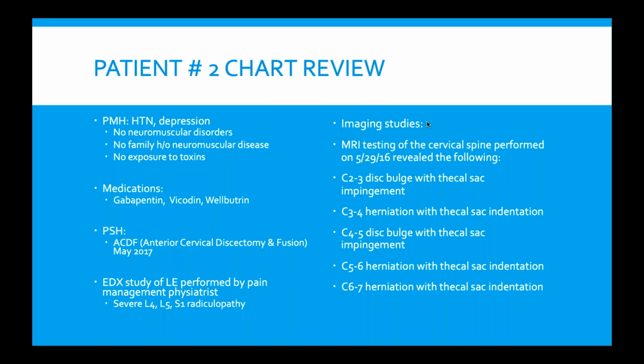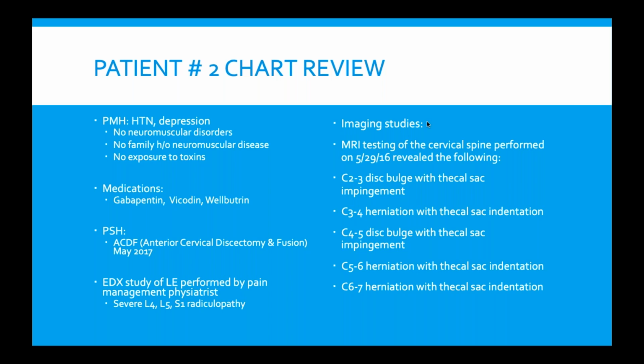His medications: he was on significant pain medication for pain relief, gabapentin and Vicodin, and he was also taking Wellbutrin for his depression symptoms. His surgical history: he had an ACDF, which is anterior cervical discectomy and fusion, about 1 year after the accident. And he did have an electrodiagnostic study.